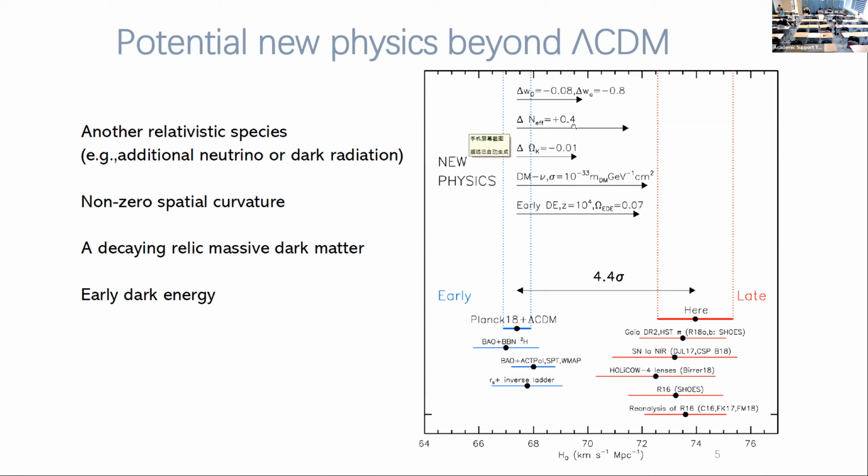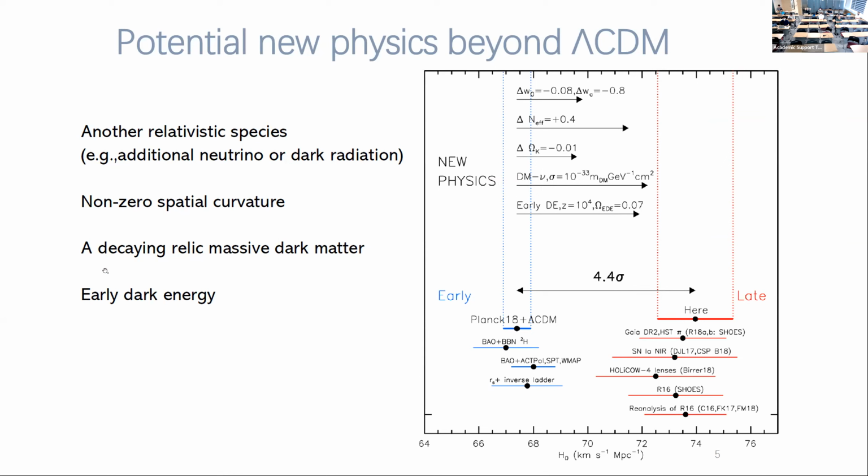This can release the H0 tension effectively, but it will change the CMB sound horizon. The second method is to consider a curved universe, such that the universe is not flat anymore. It can release the H0 tension, but not very effectively.